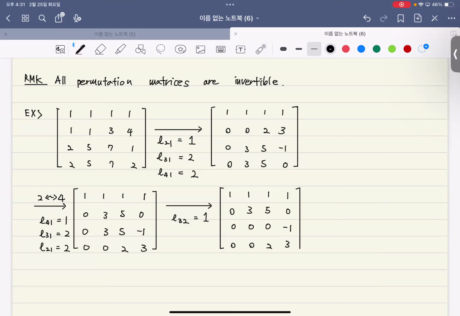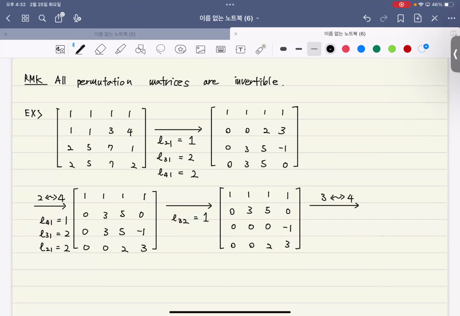Okay, almost done. But I have one more trouble. I will need to exchange these two rows. So row number 3 and row number 4 must be changed. Therefore, every 3 must now be 4, and every 4 must now be 3.